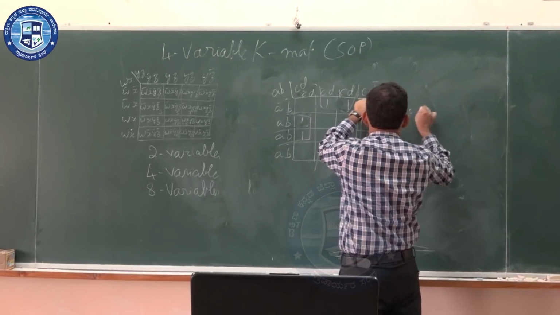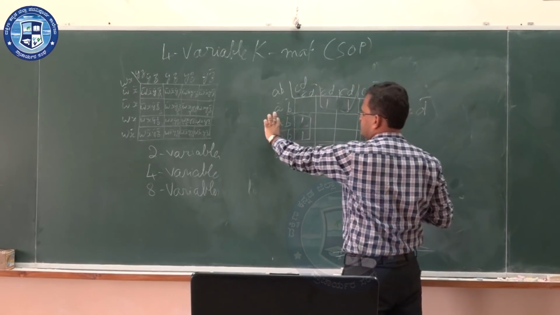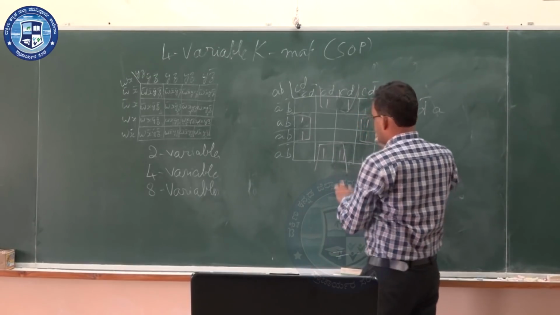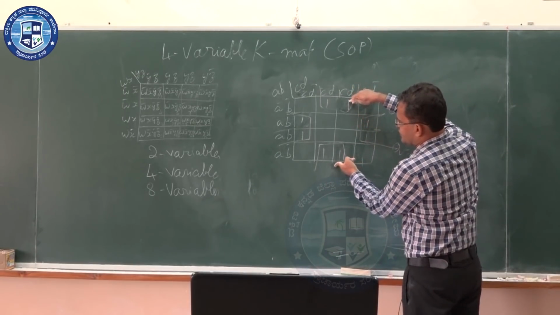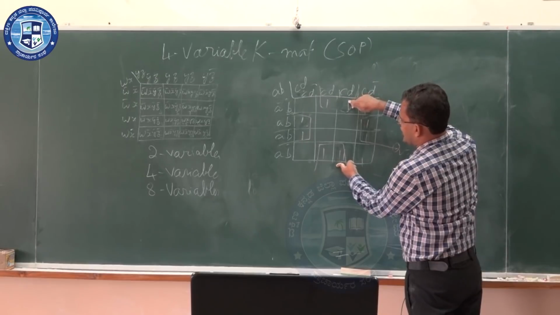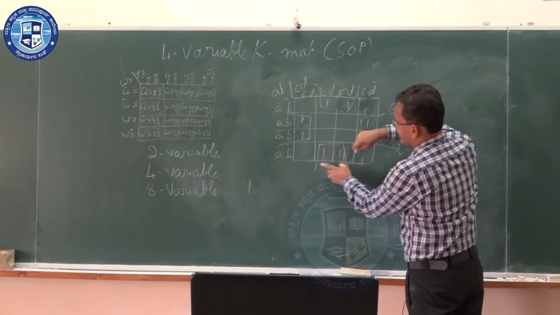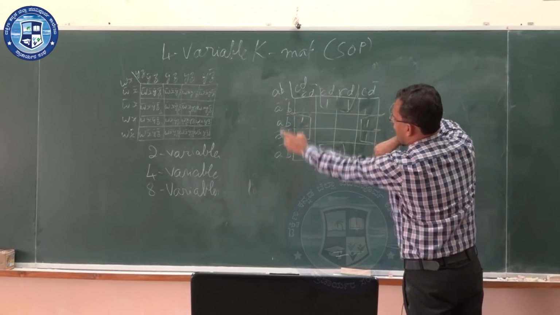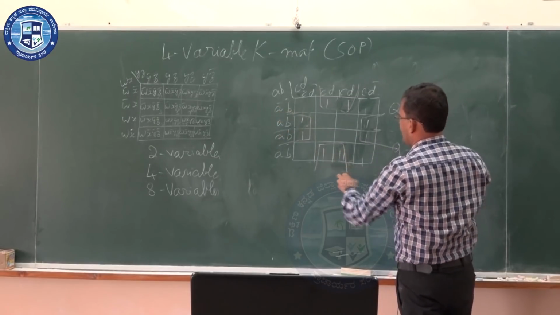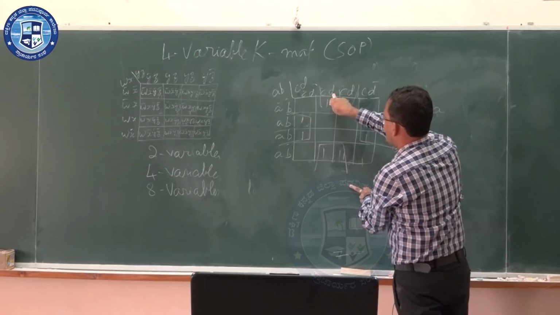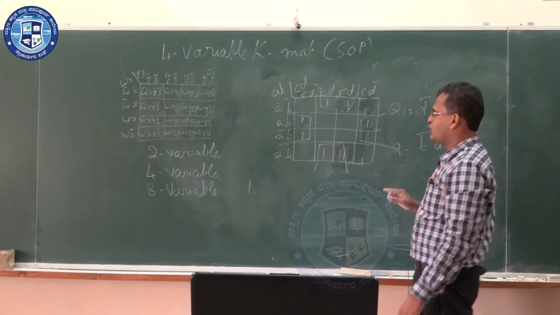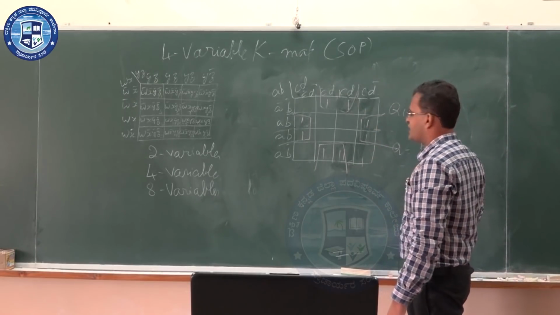So, quad 1 is D bar, and these two, A B bar and A, A is constant. Quad 2, these two, first row and second row, second and third column. When I roll the map like this, it is A B bar and A bar B bar. Which is constant here? B bar. So, B bar, and see these two columns C bar D and C D, which is constant, D. So, when I roll the map in this way, I will be able to get the answer.